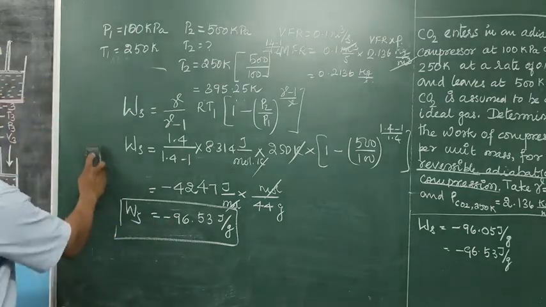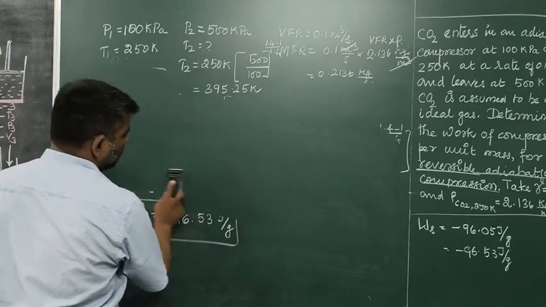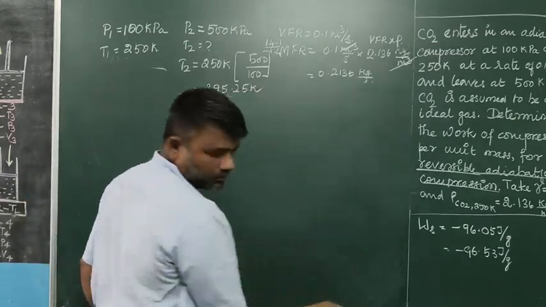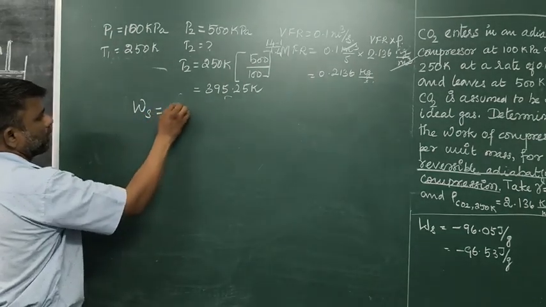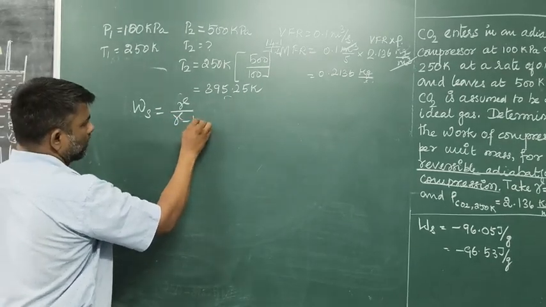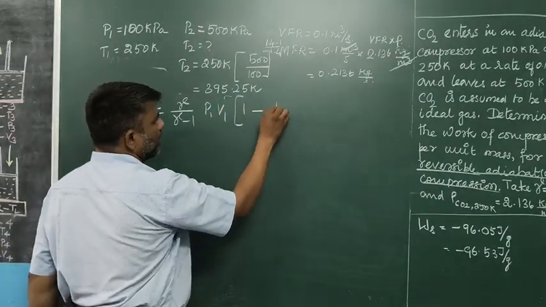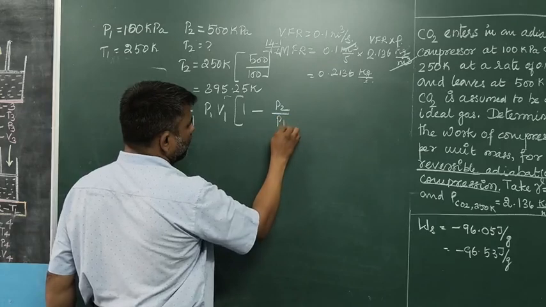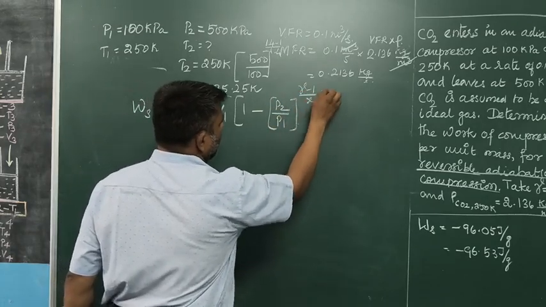Method 3. Isentropic work is equal to gamma divided by gamma minus 1 into P1 V1 into 1 minus P2 divided by P1 to the power gamma minus 1 divided by gamma.